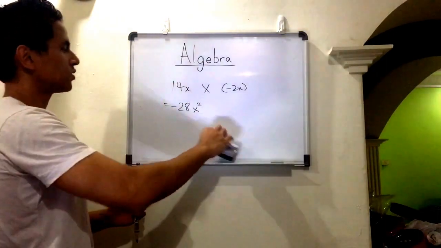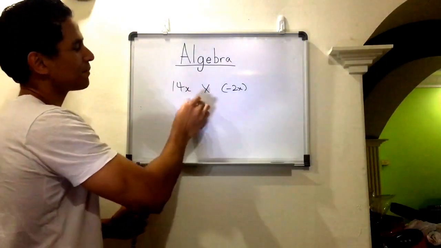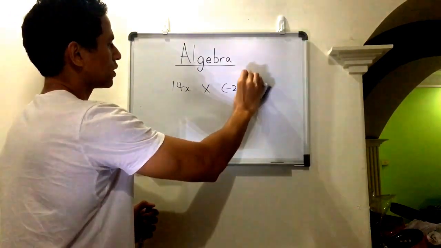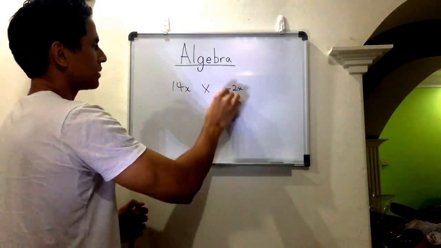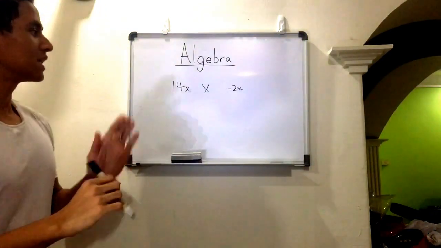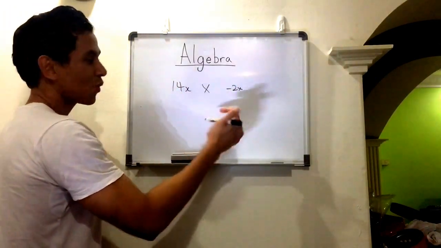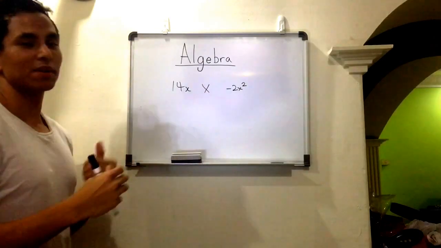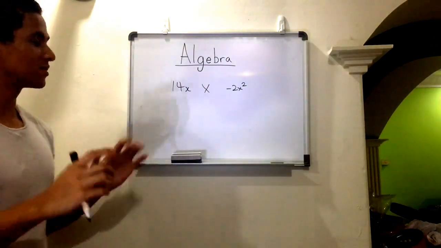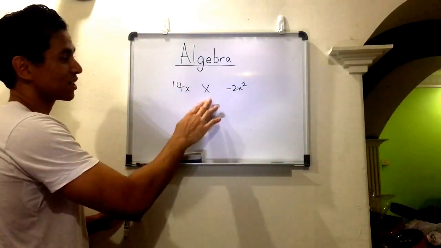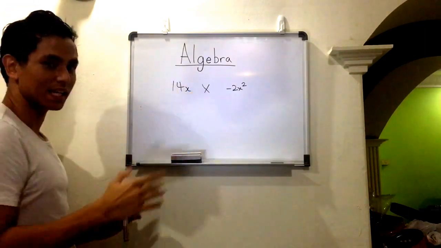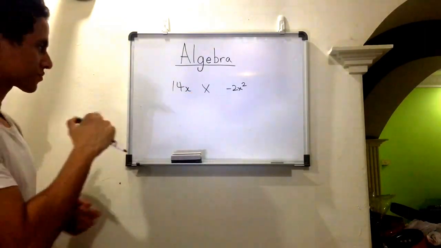Okay, so I said that if they had different powers, we could also multiply them, but we couldn't add them together. So you see, now if I give this 14x and I give this negative 2x squared, we still can multiply them together. If it's an addition or subtraction, we cannot, but if it's a multiplication or division, we can. So what happens in this case?